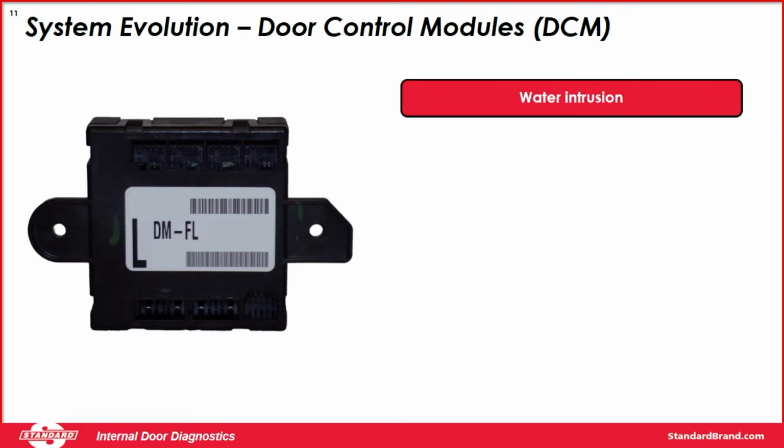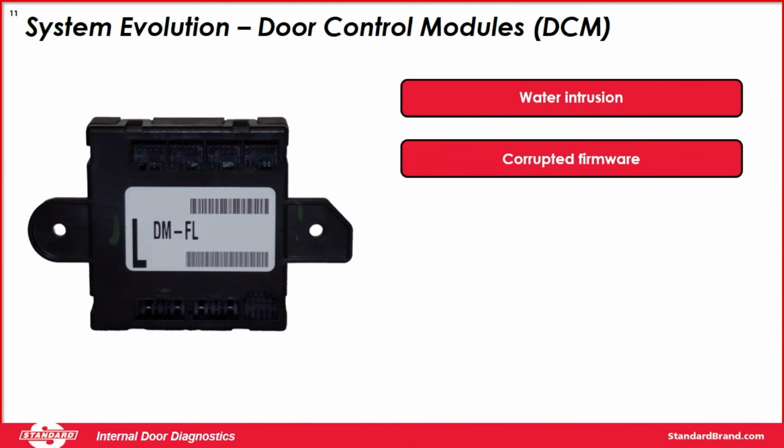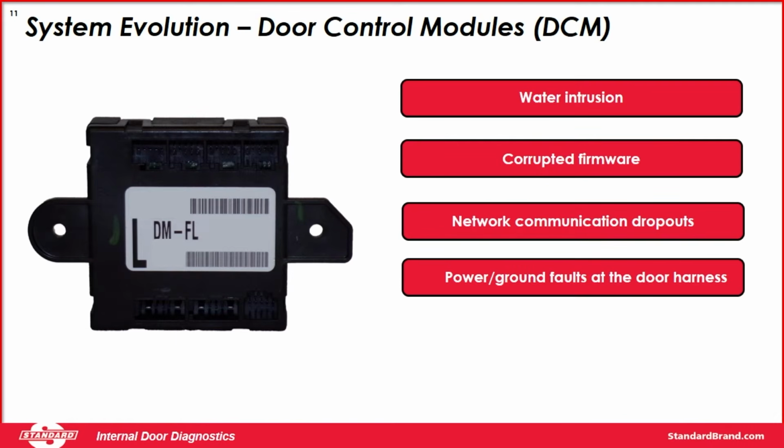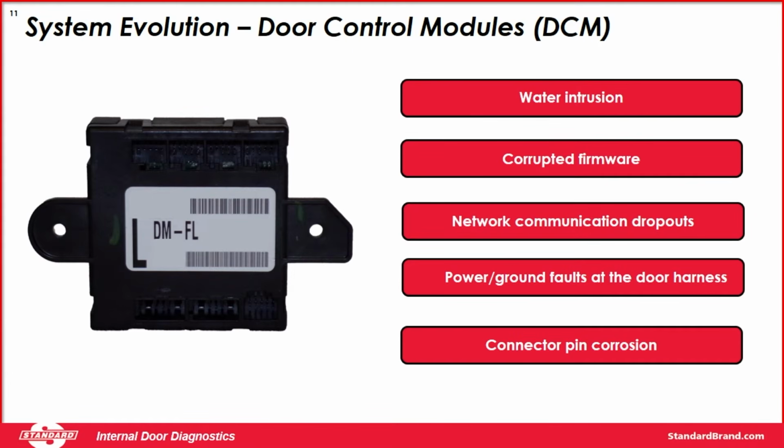And most of those common failures we've seen before. We have things like water intrusion. We have corrupted firmware, which is pretty common. Network communication dropouts, that's also very common, unfortunately. Power and ground faults at the door harness. We've seen that come up a couple of times already. We're going to see it again. And then we can also have, again, connector pin corrosion.